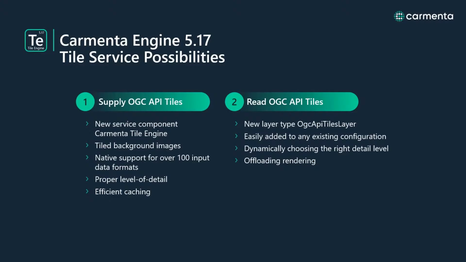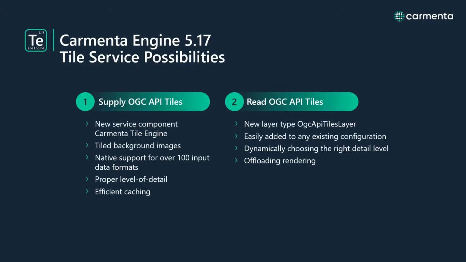The Carmenta Tile Engine lets you supply your system or systems with tiled background maps, and the services can be configured using over 100 data formats. With a structured tiling schema, you get a suitable level of detail for the requested area. And this also allows us to cache tiles for even better performance.